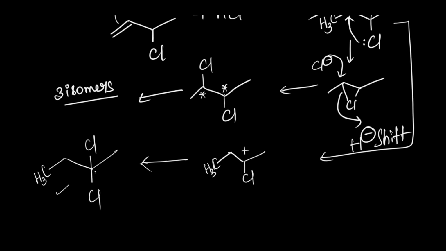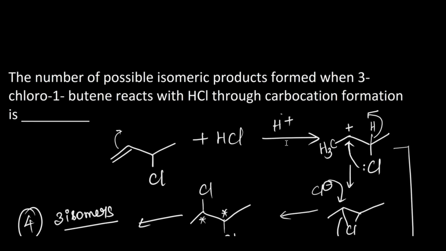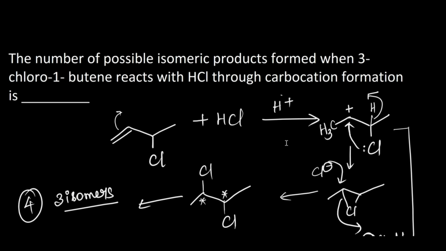So totally 4 products can be possible. They are asking for HCl addition via the carbocation, number of isomeric products possible, so 4 can be your answer.